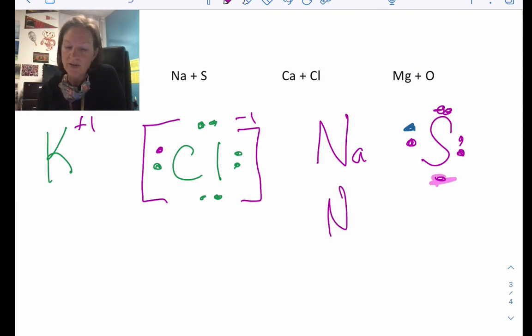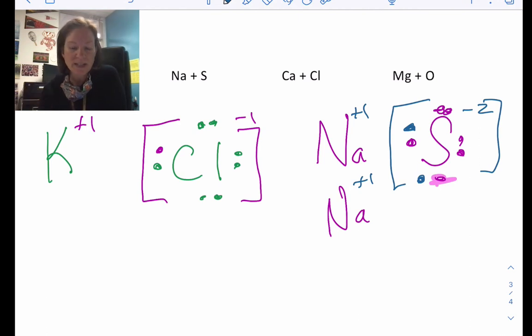So we're going to grab another sodium with another valence electron. He's going to transfer that to the sulfur, thus bringing sulfur up to 8 and sodium down to its noble-gas configuration. That means both these sodiums are a +1. The sulfur is now a -2, and I'm going to bracket that in again. In the end, the formula for potassium and chlorine is KCl. But the formula for sodium and sulfur is Na2S.